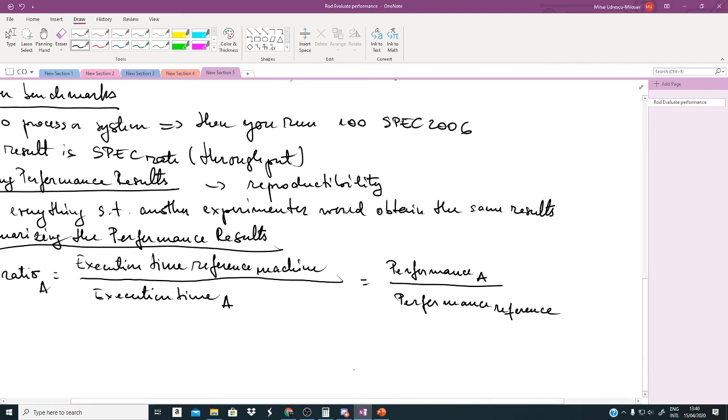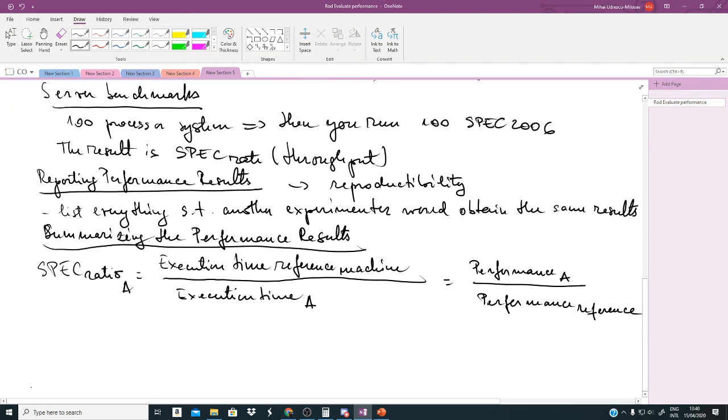And then, if we are talking about ratios, how do we collapse these 29 ratios that we obtain into one big ratio? Obviously, we need to use an average, but not the arithmetic average, because the arithmetic average is not working well for ratios. So we will use the geometric mean.